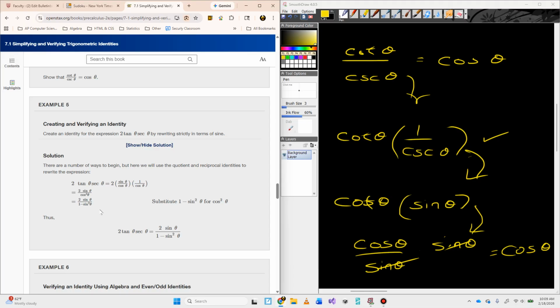And at this point, there's no reciprocal, there's no even-odd identity that you can use. You're stuck with the Pythagorean identities. And there is only one Pythagorean identity that's going to work, and that is 1 minus sine squared theta. That's the only one that's going to actually work for you in this case.